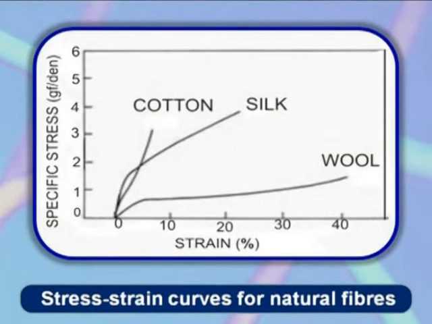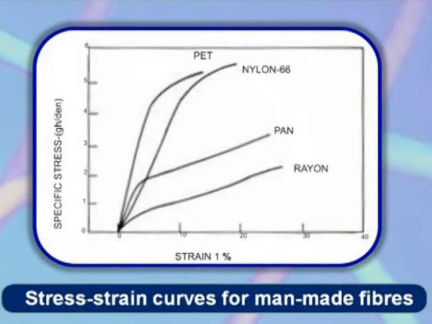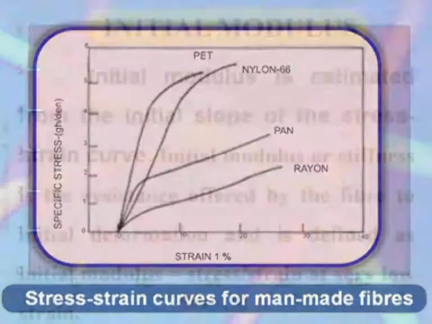Among natural fibers, wool shows considerable extension before breaking, while cotton extends much less. Wool has low breaking strength compared to silk and cotton. Among the man-made fibers, polyester and nylon 6/6 fibers have high breaking strength compared to acrylic and rayon fibers.